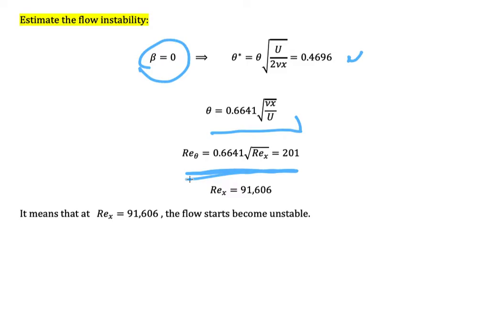So it is not worthwhile for us to put a wire before Reynolds number 91,000, because if the flow is stable, as we discussed in the first lecture, stability means the capability of the flow to return to its original condition.